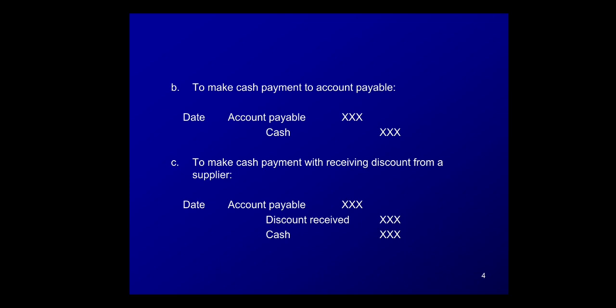And then you have to show the discount. Let's say the discount is $30, so credit discount received $30 and credit cash only $970. So the total in the debit is 1,000 and the total in the credit is also 1,000.